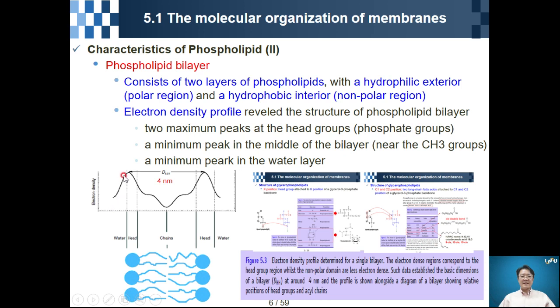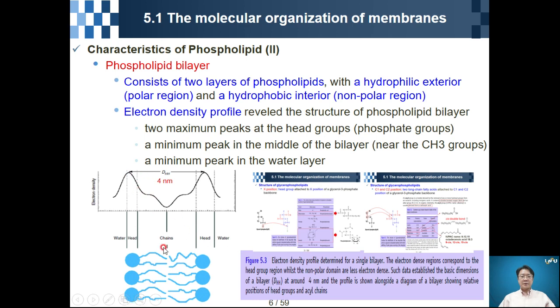Two maximum peaks were observed at the head group, because the head group is composed of the phosphate group and also has several side chains, and there is a minimum peak in the middle of the bilayer.